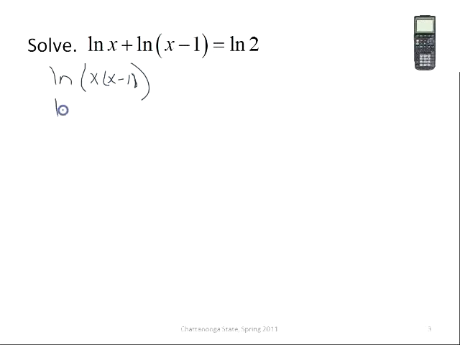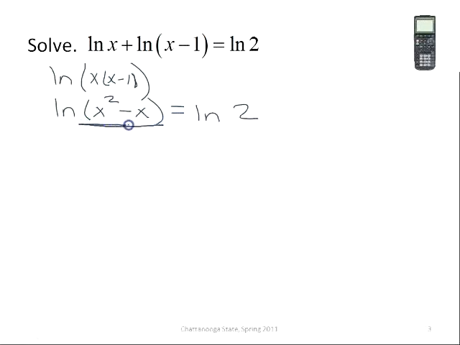So the natural log of x plus the natural log of x minus 1 is the same as the natural log of x times x minus 1, which is the natural log of x squared minus x. That equals the natural log of 2.